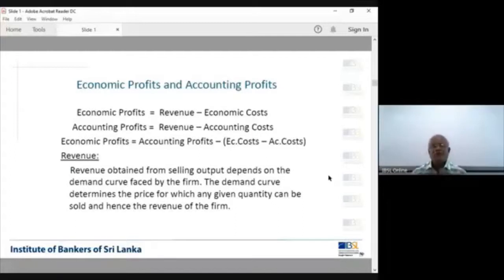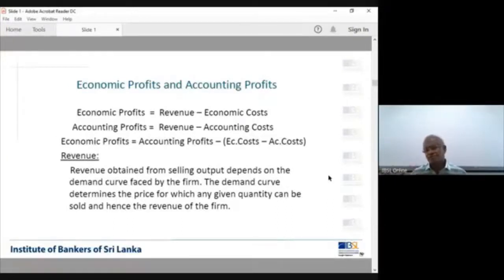Profits. Now you might think profit is the difference between revenue and cost, but we have different concepts of profit: economic profit and accounting profit. Now we'll define those terms. Economic profit equals revenue minus economic cost.